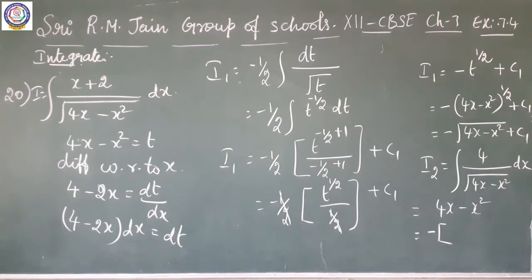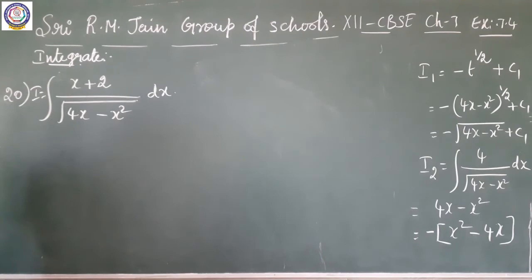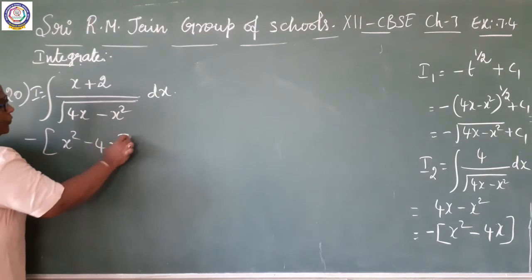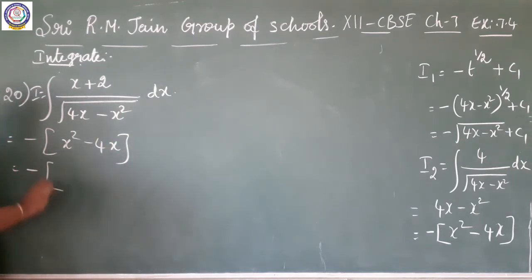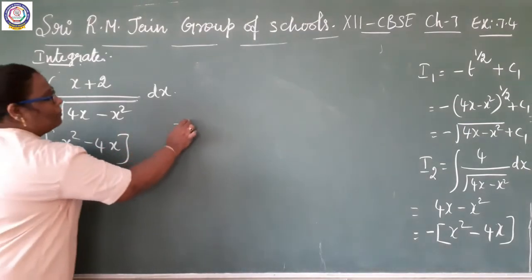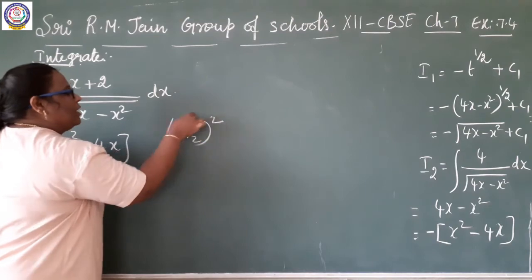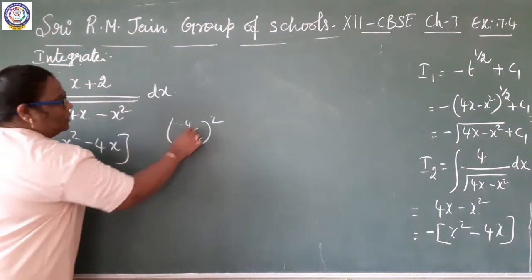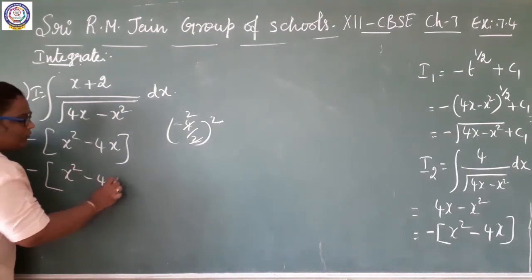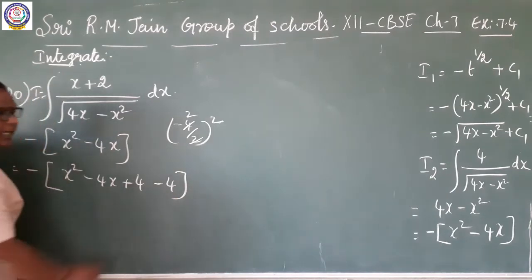So it becomes minus of (x square minus 4x). In completing the square method, take the coefficient of x, minus 4 by 2, the whole square, so it becomes plus 2 square. So x square minus 4x plus 4 minus 4.